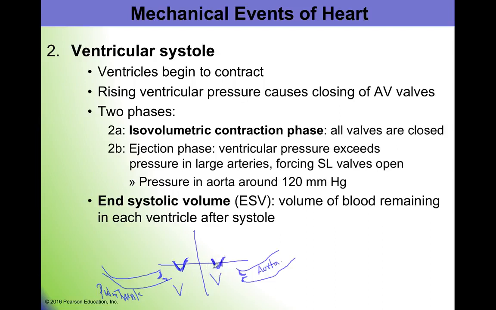Now, as the AV valves close up, your semilunar valves are also closed. That means there is no change in the volume of your ventricles, but the pressure is building up. Iso implies equal, so isovolumetric means equal amount of blood, no increase or decrease in blood volume.